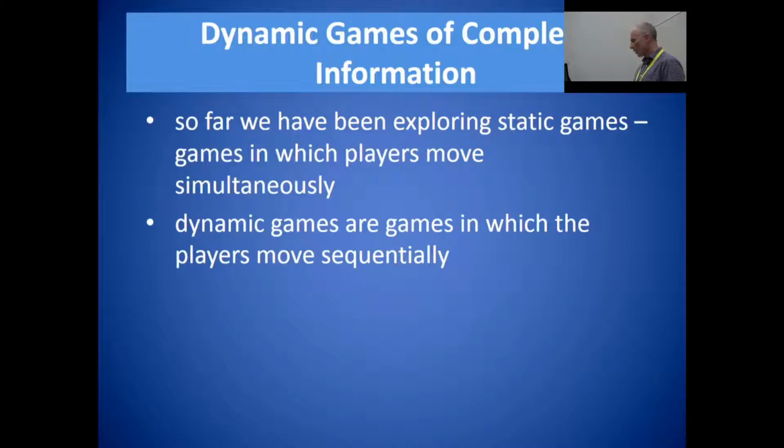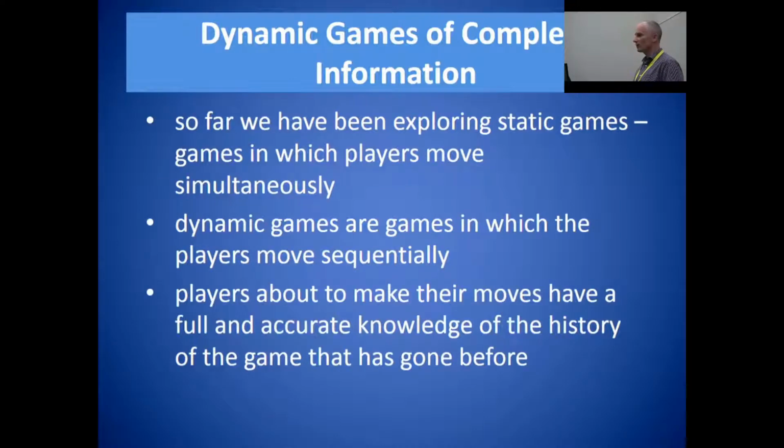However, what we will keep in common with the previous type of game we looked at is we'll still look at games where players have a full and accurate knowledge of the entire game. That is, we will look at games of complete information. And that means, in these dynamic games, the players will observe perfectly what the other players have done before they move.